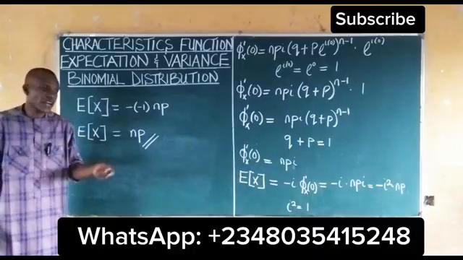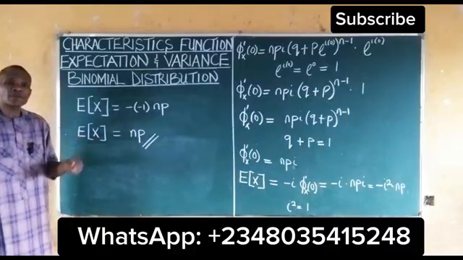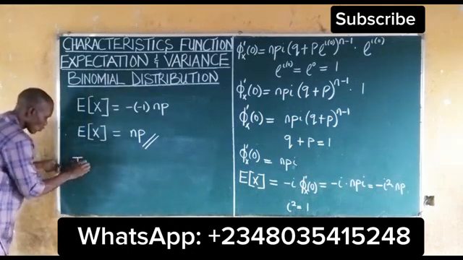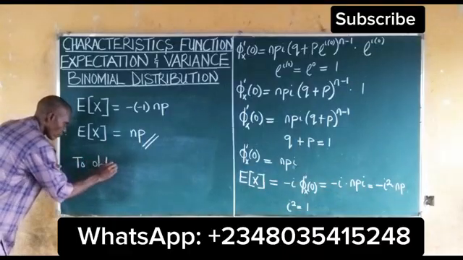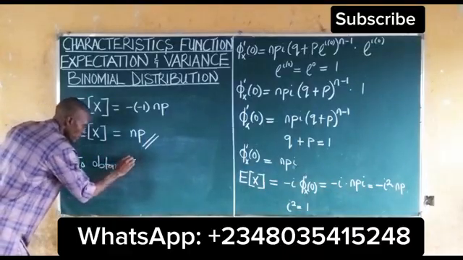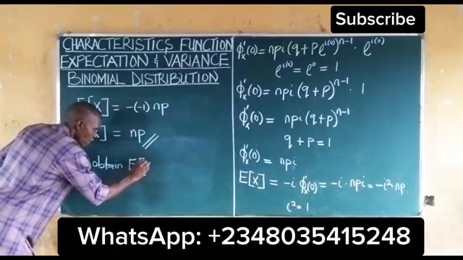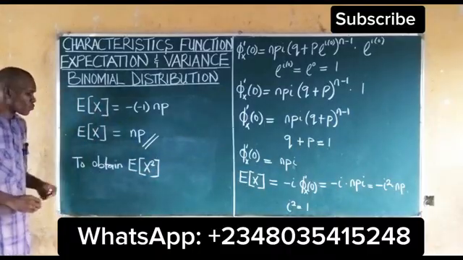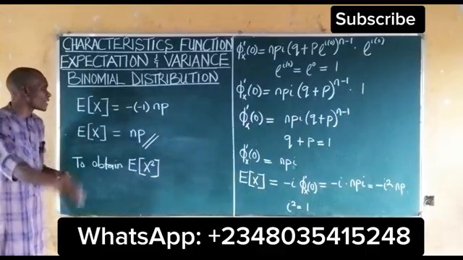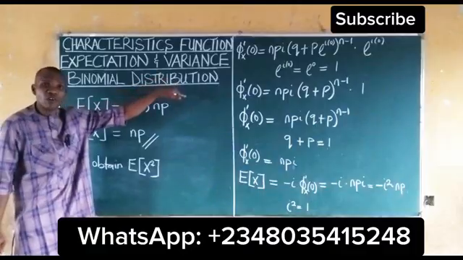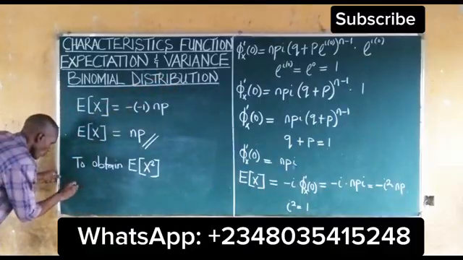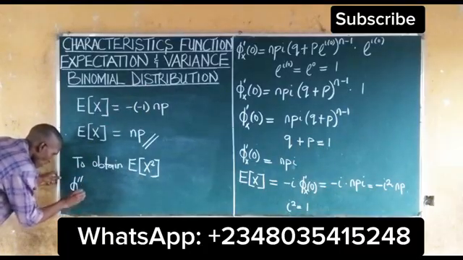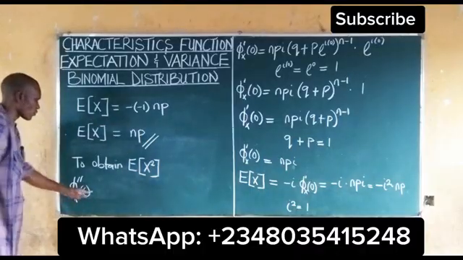But before we find the variance, we have to look for the expected value of x squared. To obtain the expected value of x squared, what do we need to do? We need to take the second derivative of our characteristic function.